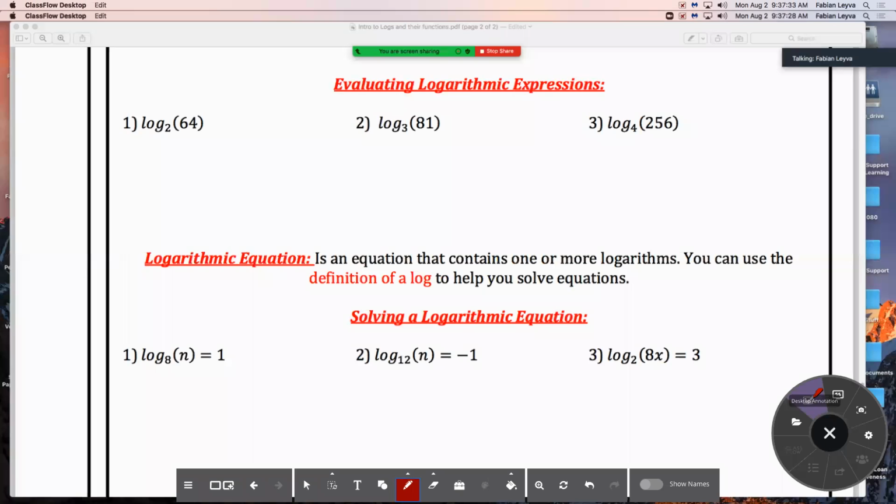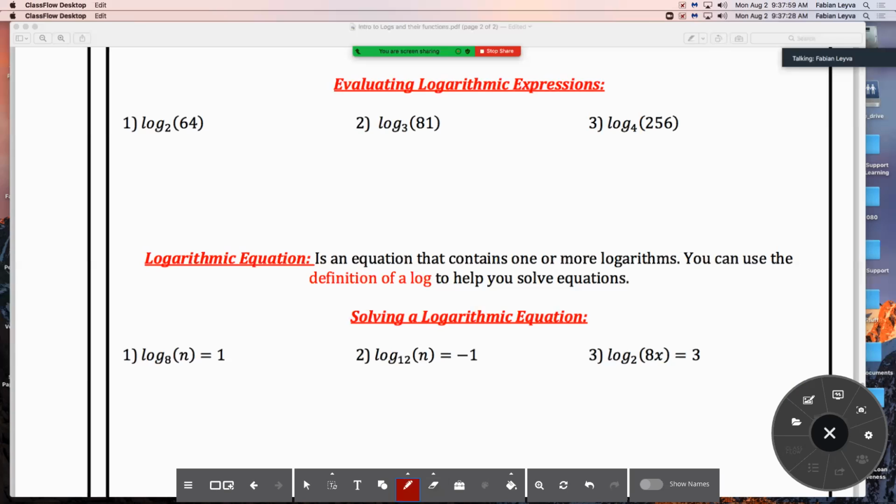So they're asking me to evaluate the logarithmic expression. So notice this first one is telling me, okay, I want you to find log base 2 of 64. Now, if you were to type this in your calculator, it's going to give you a number, but I want you to be able to make the connection of what logs are really doing and what part of an exponential statement they're really trying to express.